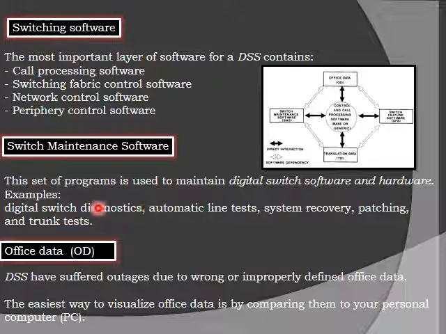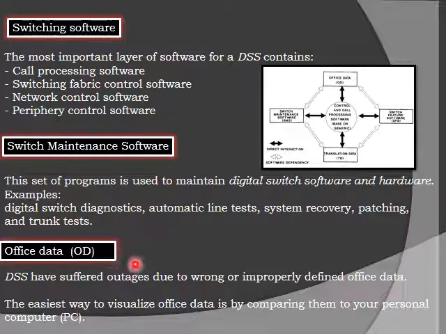That is called digital switch diagnostics. Automatic line test, whether a line is faulty or not, will be done in the LM. System recovery, which happens at level 2, patching, temporary recovery or fixing of bugs, and trunk tests, all these things come under switch maintenance software.